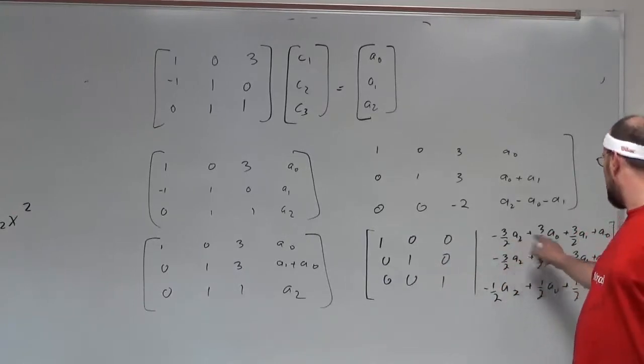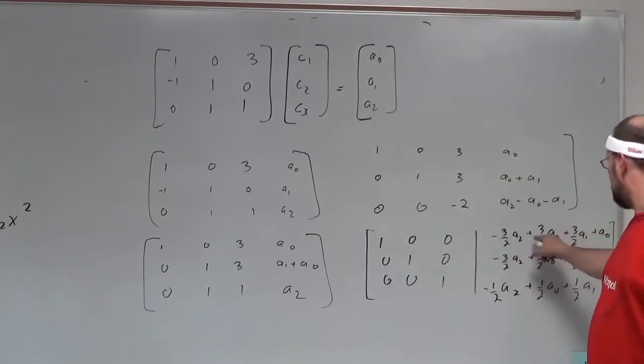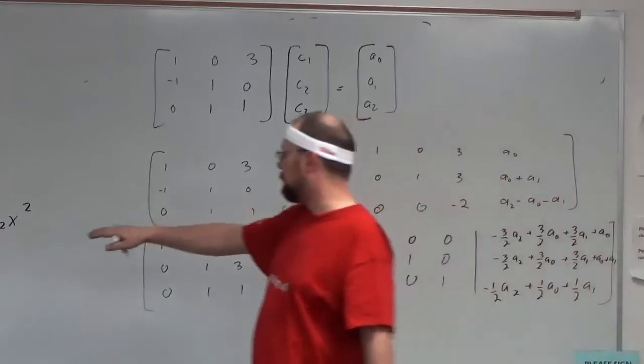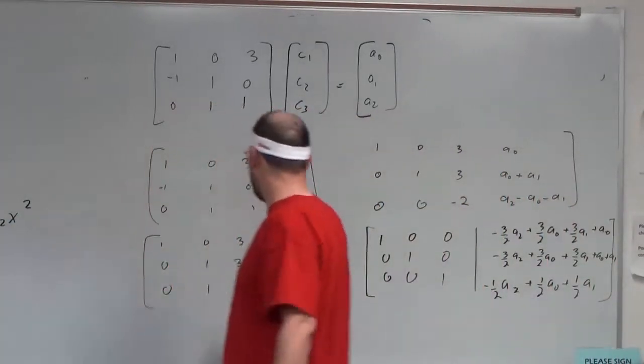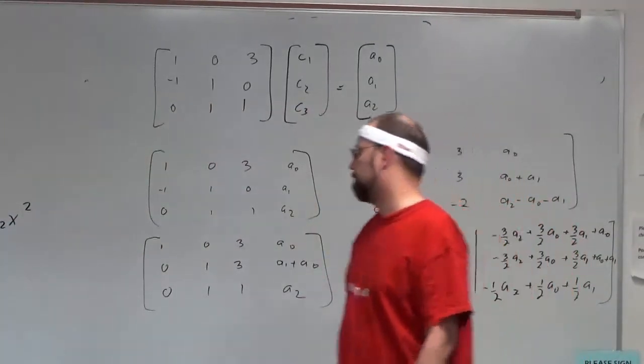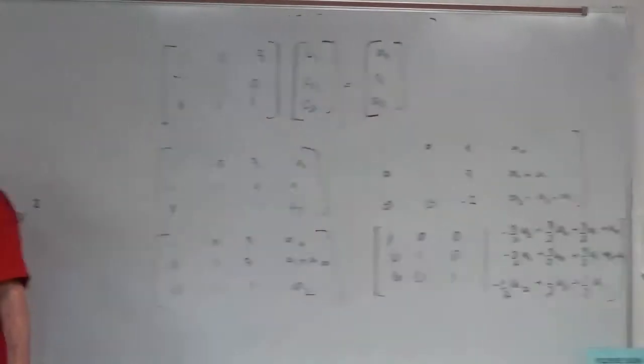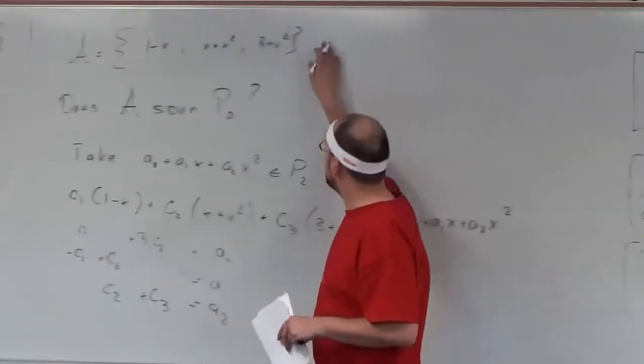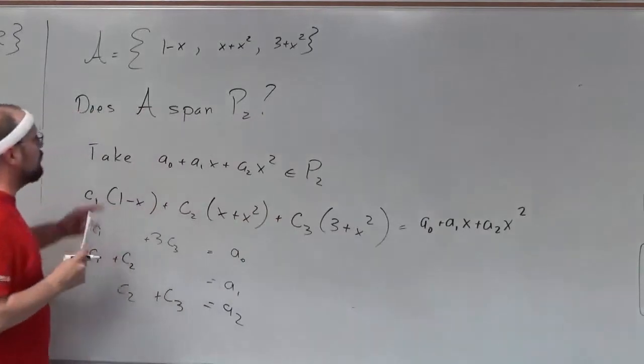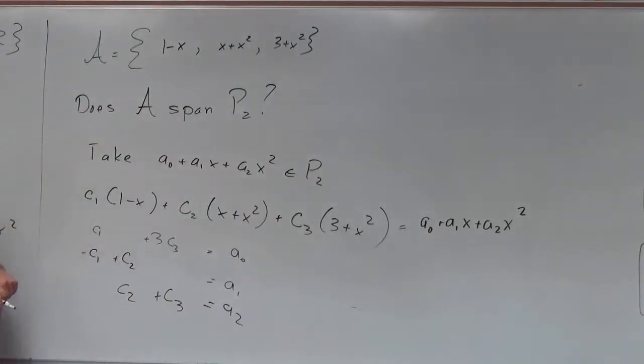So regardless of what coefficients we have for our polynomial, we can always find the coefficients in this linear combination which give you the polynomial. So these three polynomials span P2.